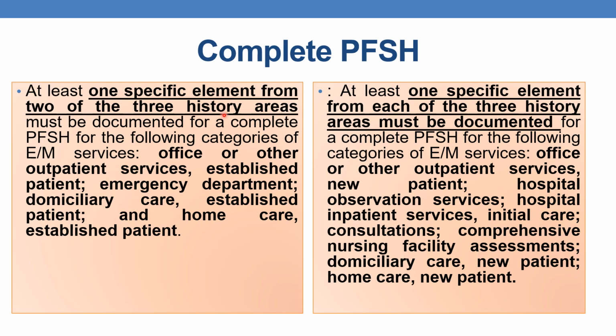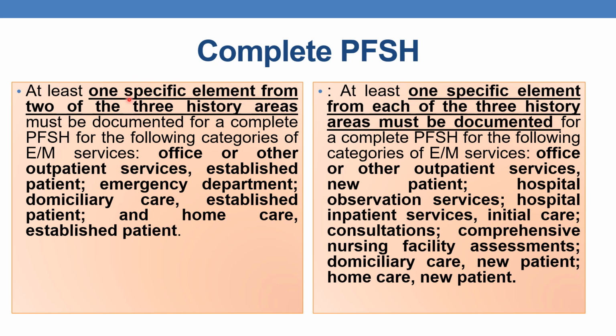Now let us discuss the types of E&M services which require 2 areas or all 3 areas in order to be called complete PFSH. So at least one specific element from 2 of the 3 areas must be documented for a complete PFSH for the following categories of E&M services.